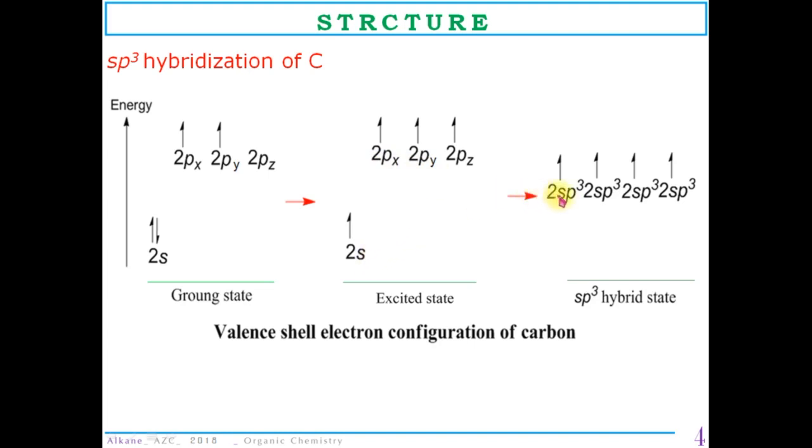So they have energy in between the energy level of the p orbital and the s orbital. This kind of representation of orbitals is important when you are explaining the sp3 hybridization of carbon.